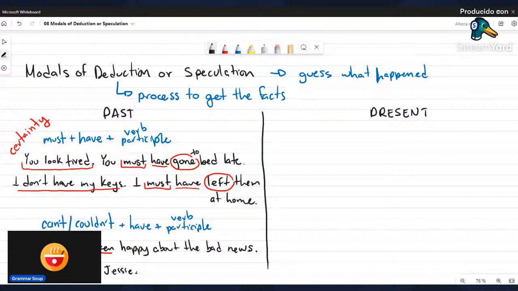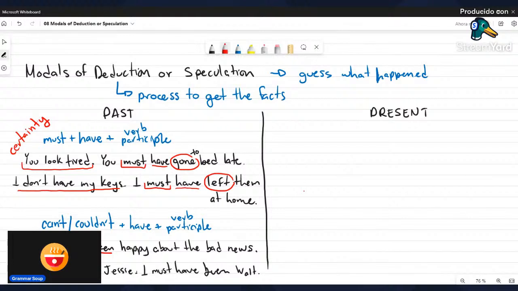Based on your evidence, you can say it must have been Walt. I'm sorry for that handwriting at the end. Okay, so as you can see here, I'm using the modal of deduction, but I'm saying that something is impossible to happen. So it cannot be Jessie because look, Jessie must be somewhere else. She told me that she was going to her grandma, right? So you can say she can't have been. I'm using the participle form after the auxiliary.